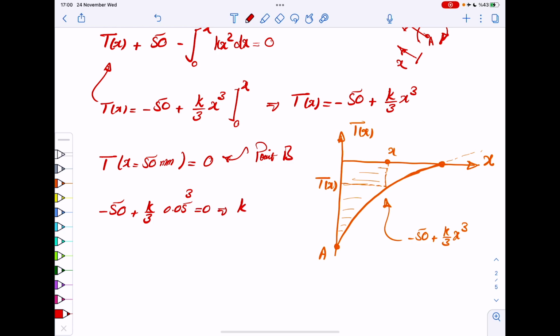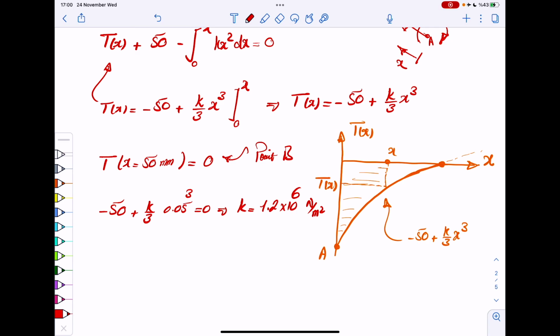That gives you k equal to 1.2 times 10 to the power 6 Newton per meter squared. Also, dimension matters, right? Okay, so now we know that constant we didn't know. From the equilibrium, we know that constant k is 1.2 times 10 to the power 6, right?